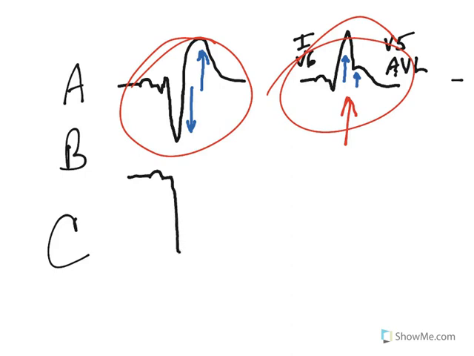Sgarbossa B, in order to be positive, would look something like this. And so what I'm now seeing is discordance, right? Downward ST segment, upward T wave. Oh, excuse me, wait a minute. You know what? I drew the wrong thing. Hold on, let me go back for a second.